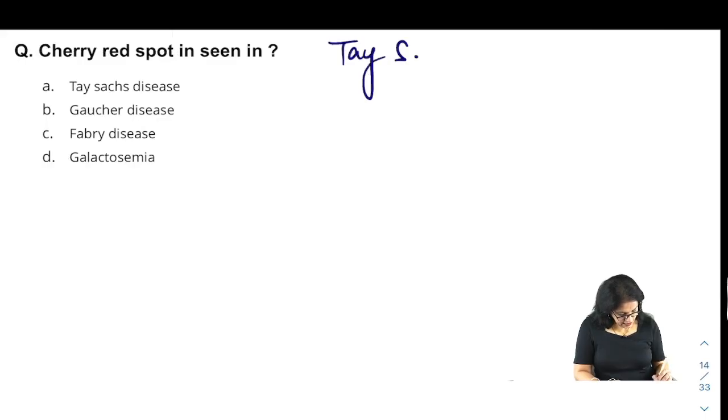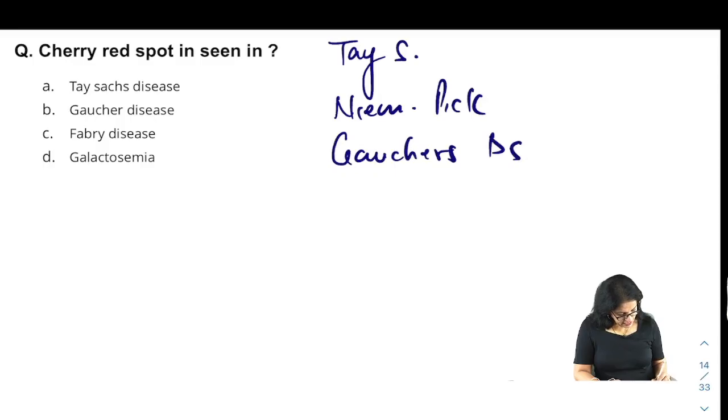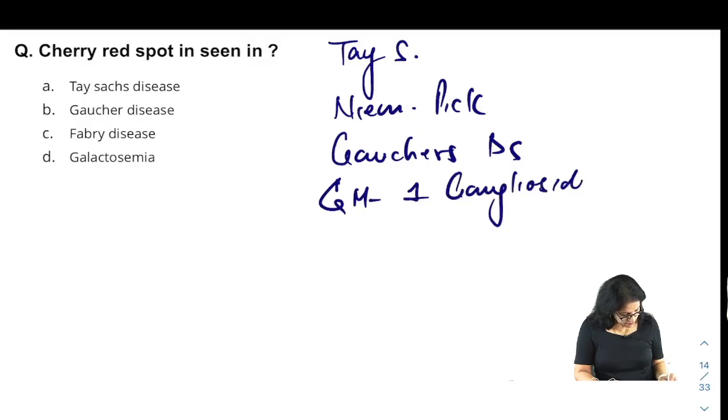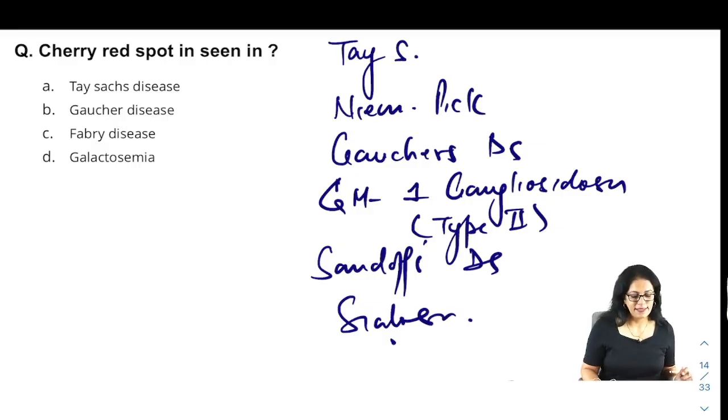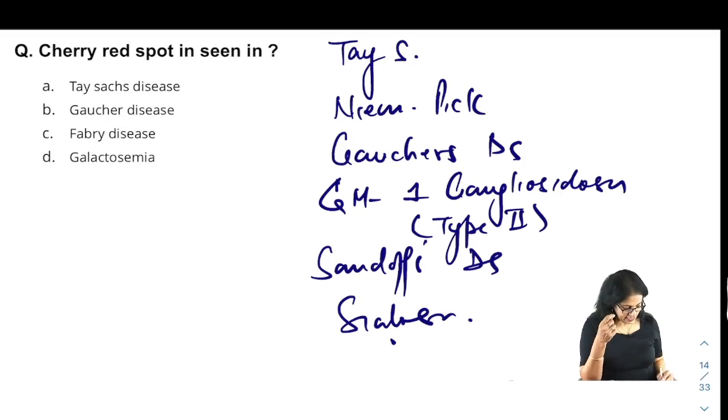The important ones are Tay-Sachs, Niemann-Pick, then Gaucher's type 2 disease, then GM1 gangliosidosis as well, which is again type 2, right? Then what else? Then Sandhoff's disease, sialidosis, and so on. So we are going to remember all this as the causes of cherry red spot.